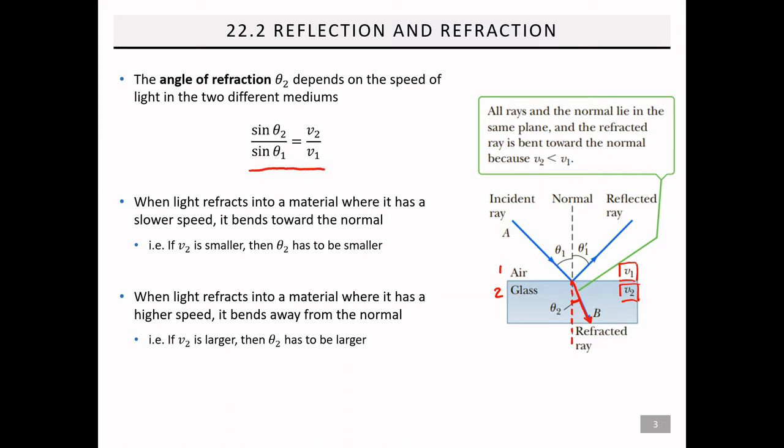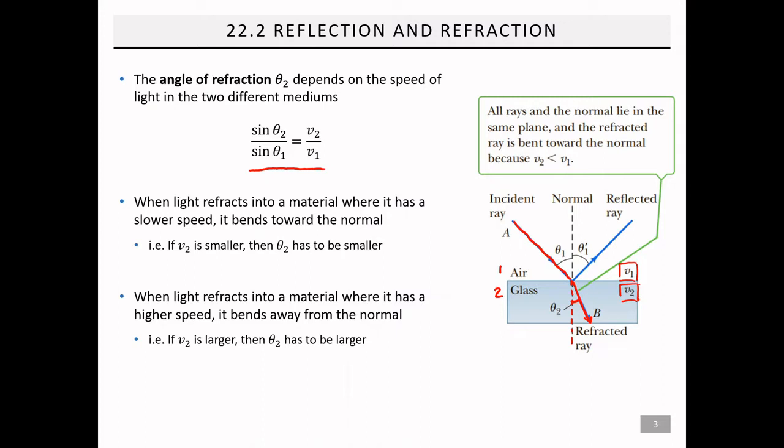We'll see a more common form of this equality in a few slides, but the general rules are that when light refracts into a material where it moves slower, it has to bend toward the normal. So when light passes from air, where it moves very fast, into glass, where it slows down, it has to bend toward that normal line.